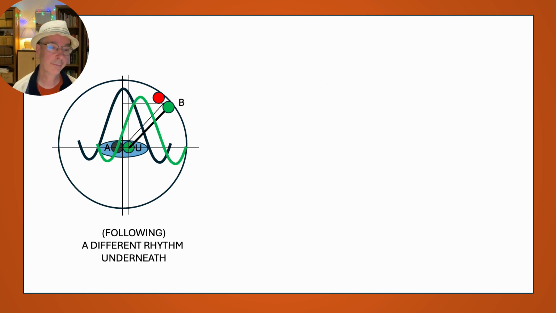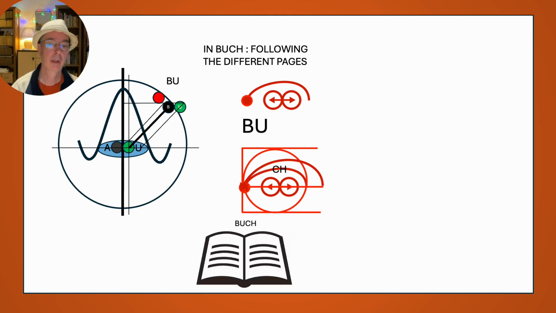If I would really follow that as a rhythm, we know already that with U it will follow a different rhythm, or it will follow something we don't know, or we follow something extra. I had already some examples with BU before in another video, and I also explained BUCH there.